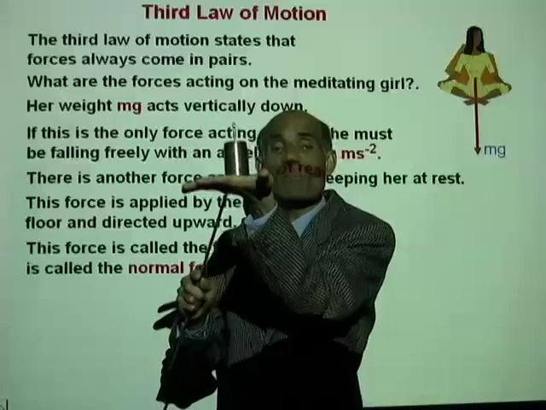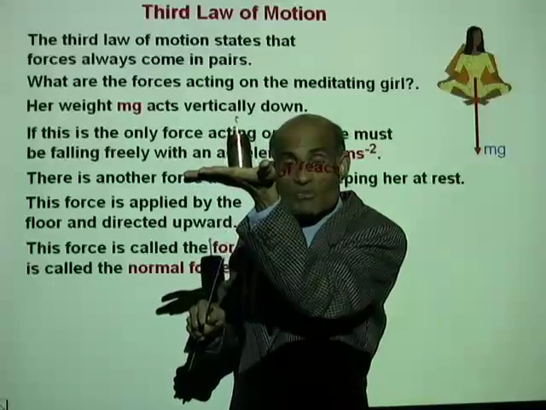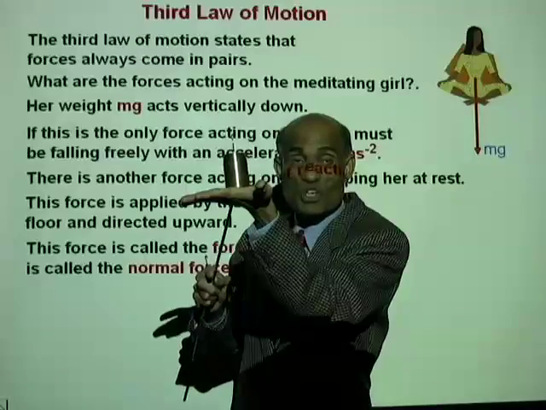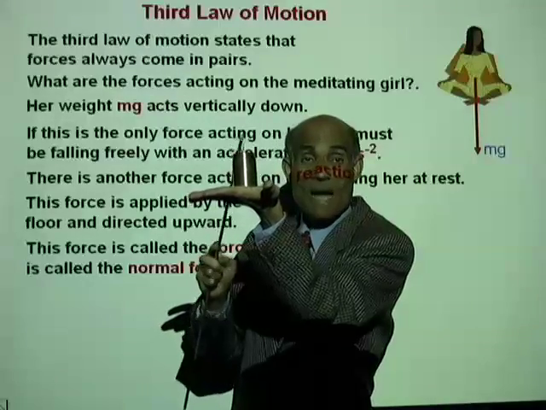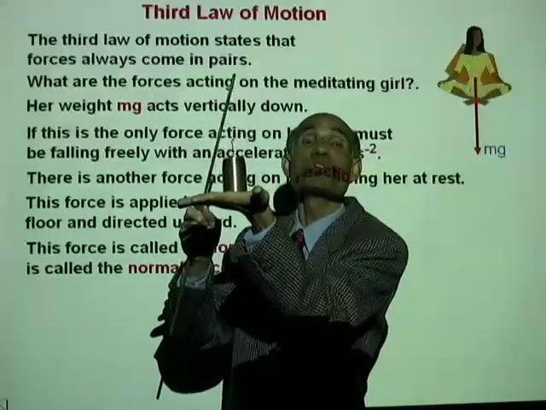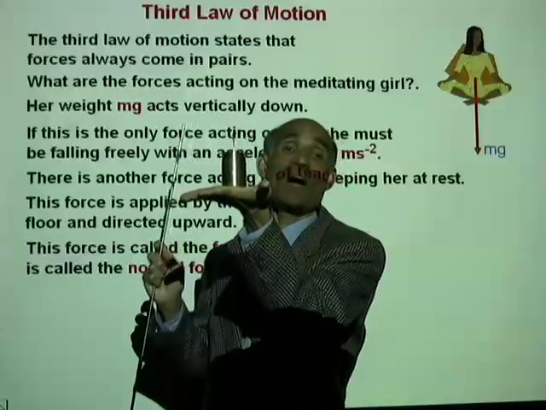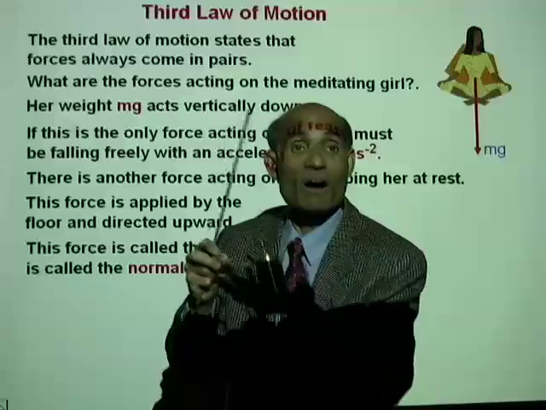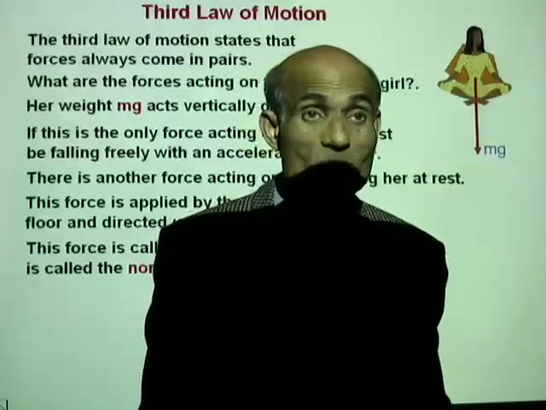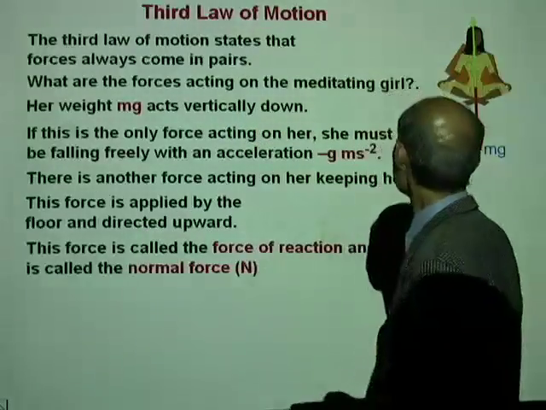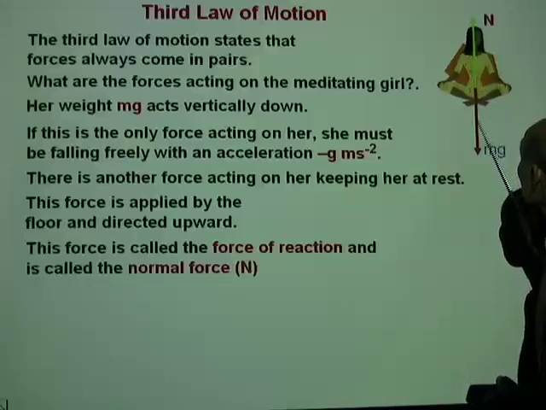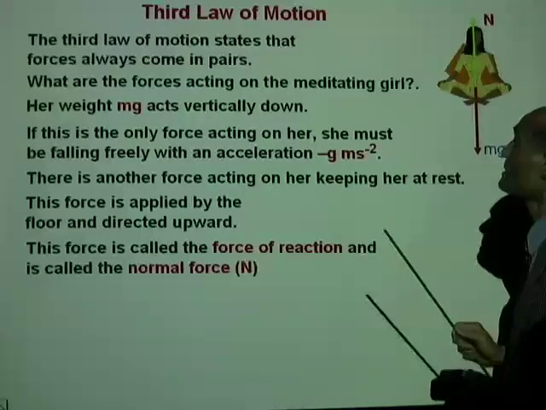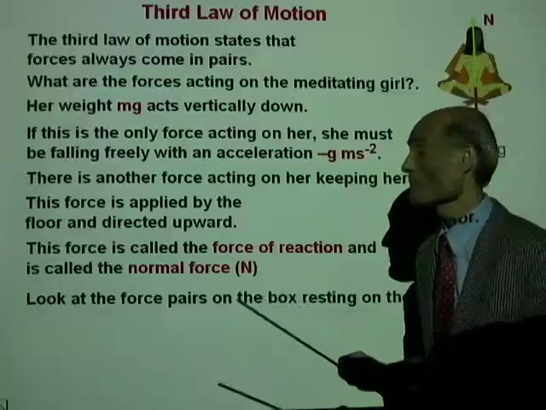The weight of this mass is acting vertically down, and the force of reaction applied by my hand is the normal force vertically upward. And the magnitudes of these two forces are exactly the same. So you got the weight acting vertically down and the normal force acting vertically up.